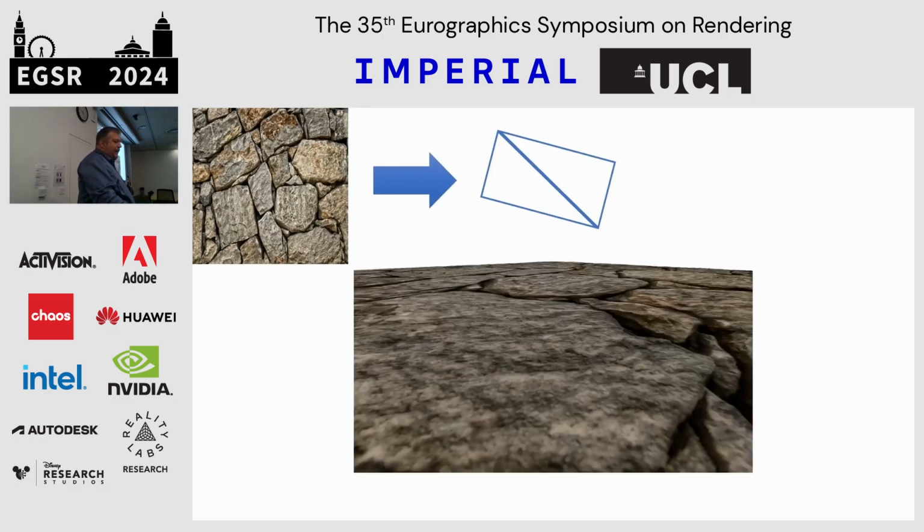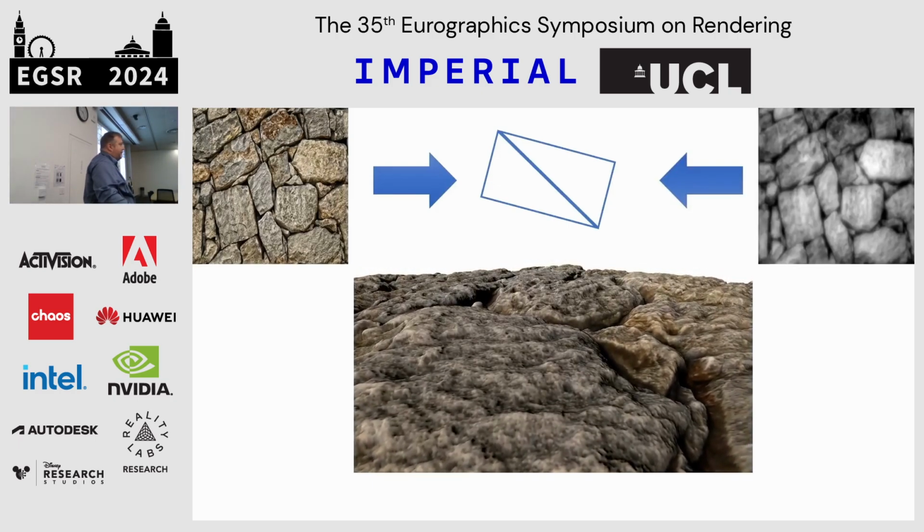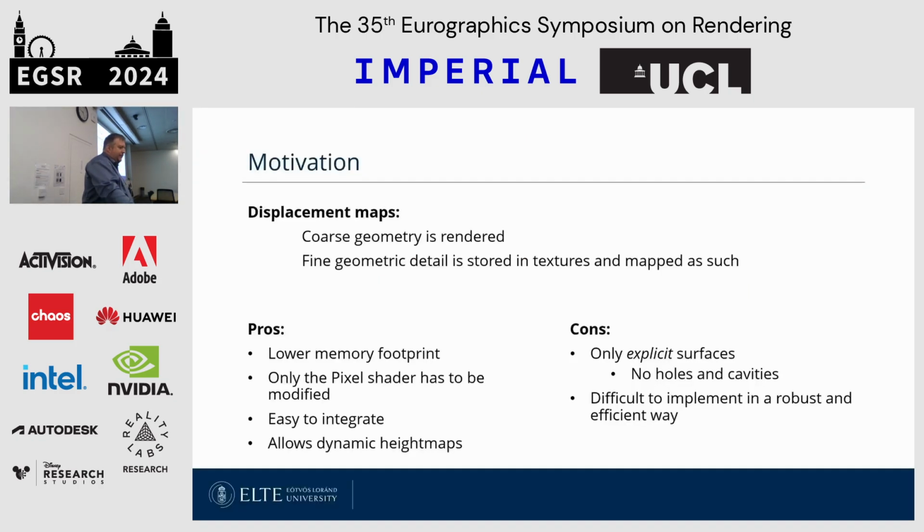But we also include a height map, and we render it in a way that there is a virtual box, where a ray shot from a pixel hits the top, which is basically the quad. There is a virtual bottom which can be set dynamically, and we use a ray casting method to find the intersection with the surface defined by the height map. So it's a very classical method.